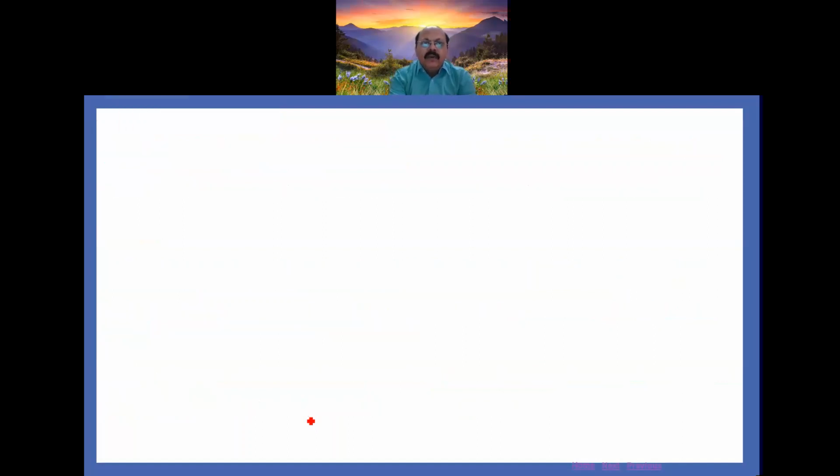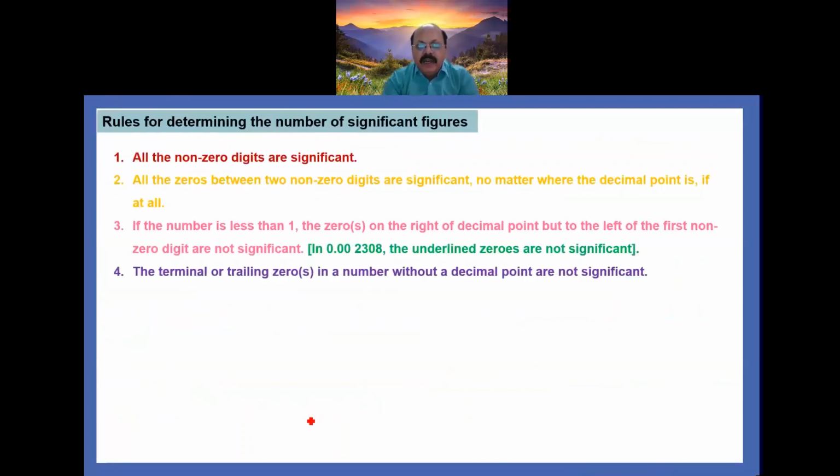Now, what are the rules for determining the significant figures? The first rule is that all the non-zero digits are significant. For example, first we take non-zero digits 3842.